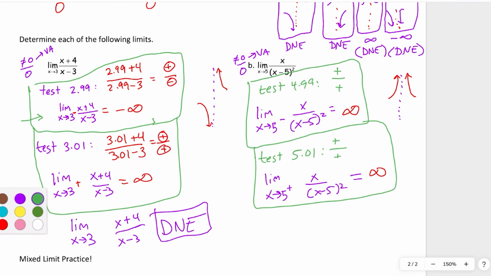In this case, it's going to positive infinity on both sides, so we're going to say that the limit as x approaches 5 is positive infinity. Any questions about that one?